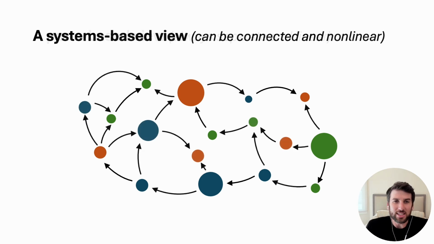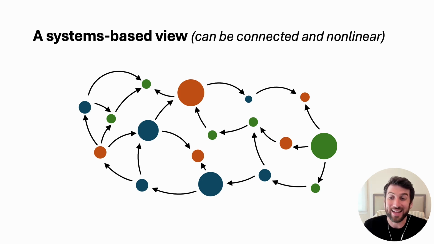A systems view is really saying that these different pieces can be connected and it can be nonlinear. This means that the whole is not always a simple addition of the parts. So if you look at one of these relations, if you increase one, it may not just lead to a direct increase of something else. It can go throughout this, in this example, the supply chain or whatever it may be, like an ecosystem or something else, and it could come back to have an effect.